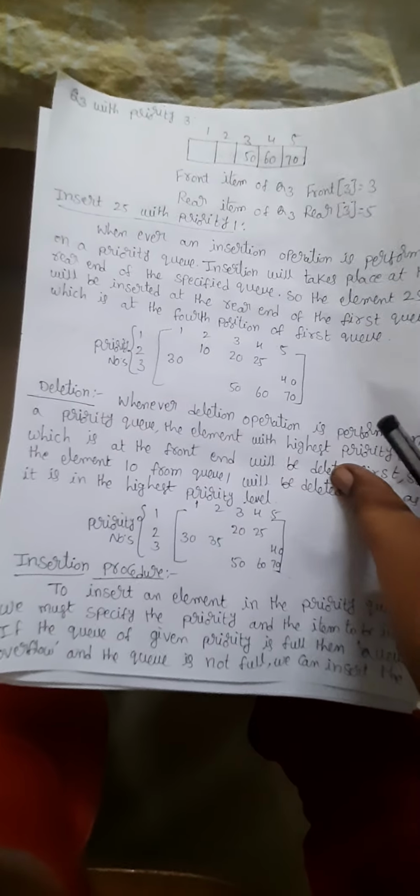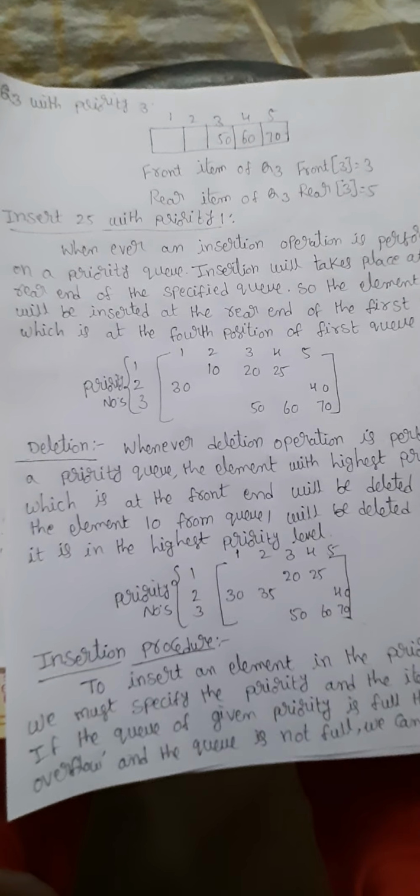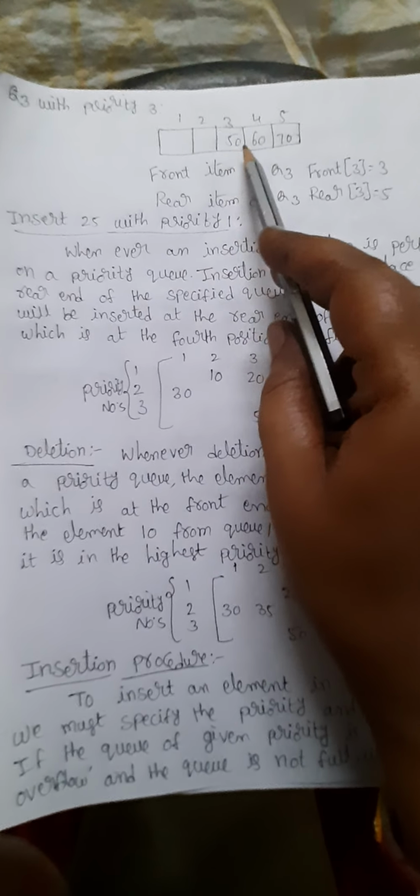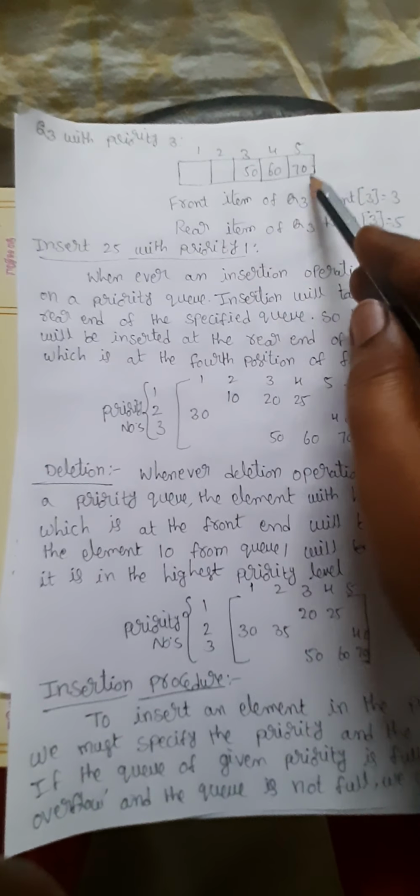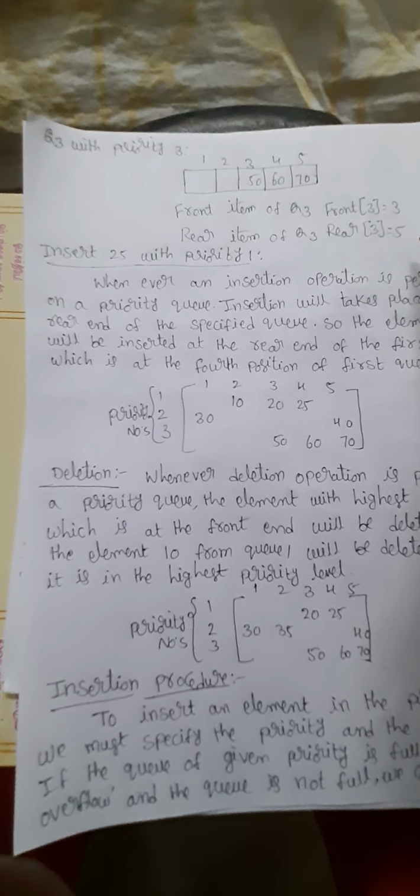And see the next one, Q3 with priority 3. Here the front item of Q3 is front of 3, in the third position we have inserted, and the rear item of Q3 we have inserted in the fifth position.